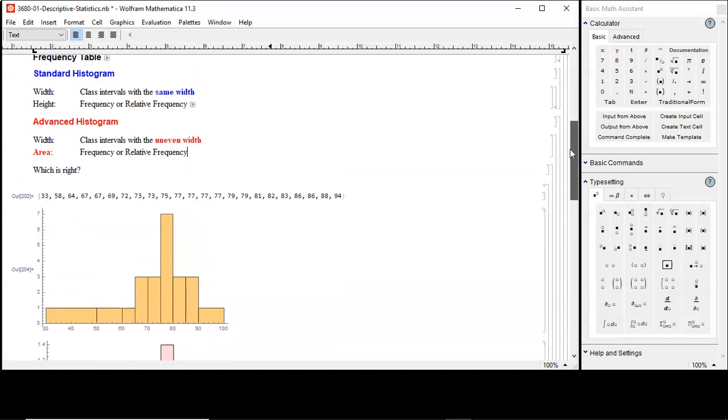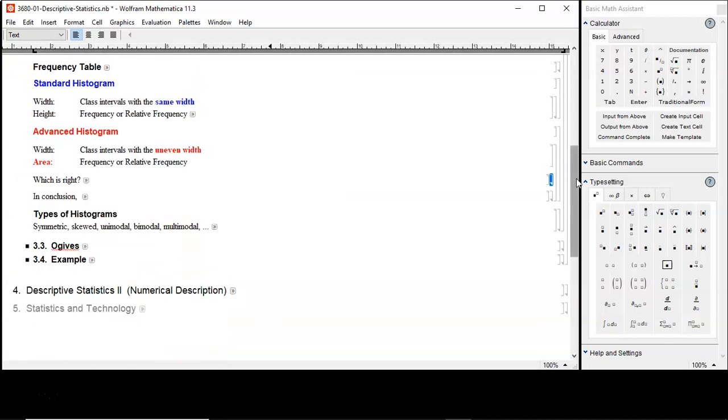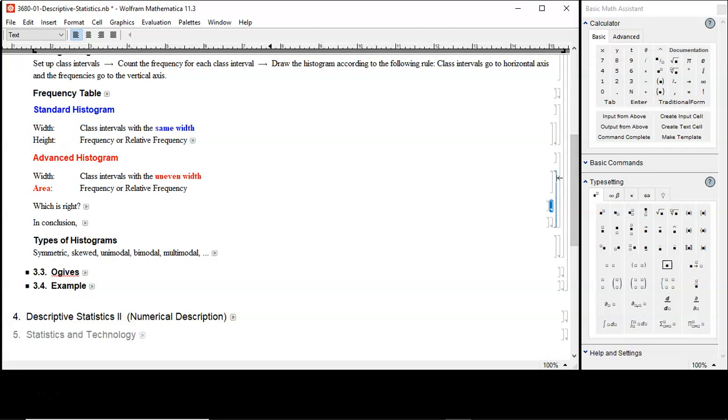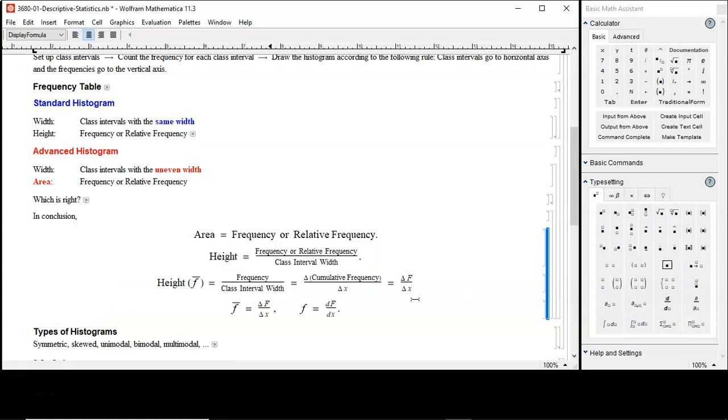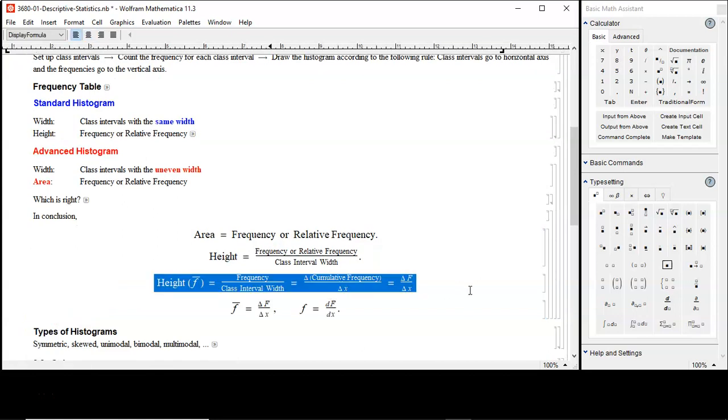And area, does it ring a bell? It's calculus. You see, area of a rectangle, hey, we are talking about Riemann sums. Eventually, it's going to become definite integral.